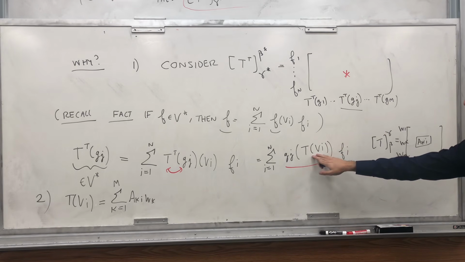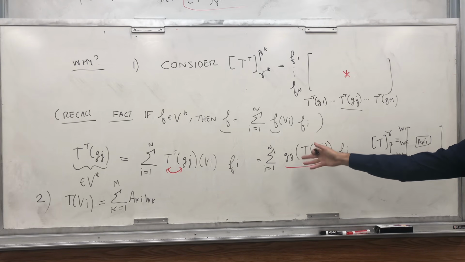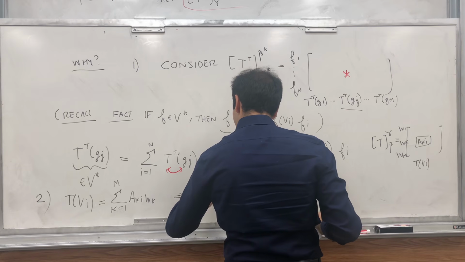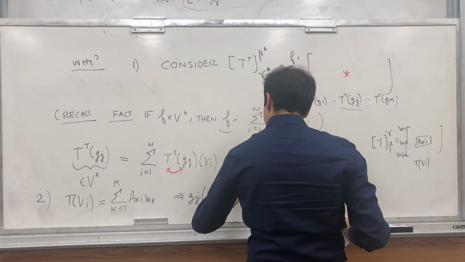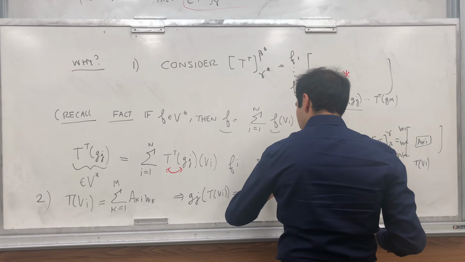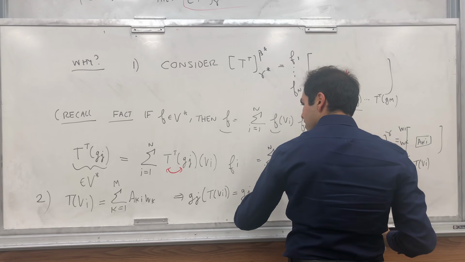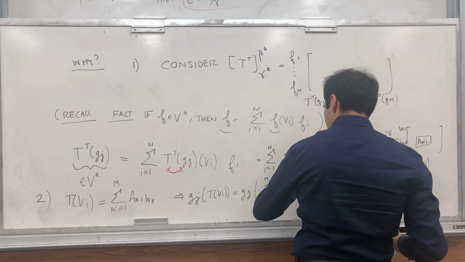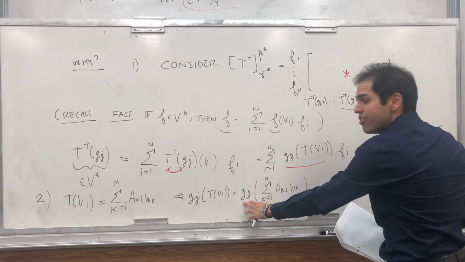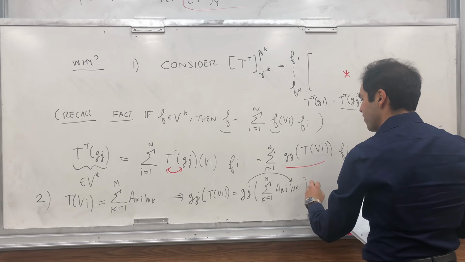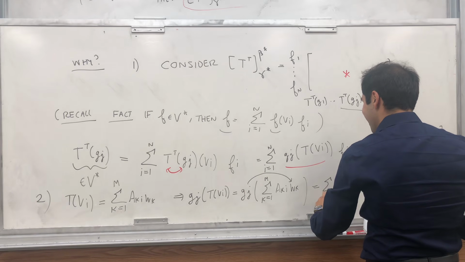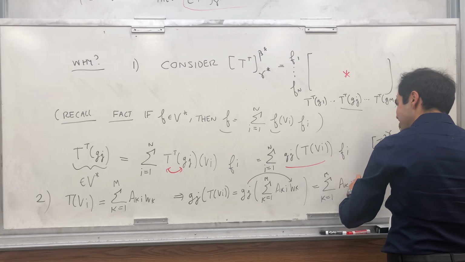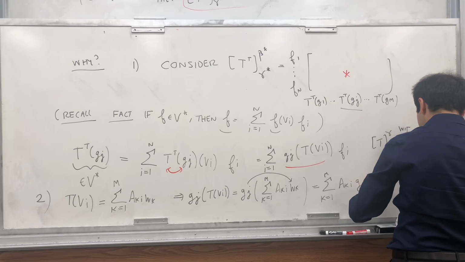And that's good. So we have T of Vi, and now we want to evaluate Gj of that. So Gj of T Vi is Gj of that sum, k from 1 to m, A_ki Wk. Now, the Gj's, they're linear, so we can just pull it inside of the sum. That's the beautiful thing about linearity. It's like this harmony that's going on. So the sum of A_ki Gj of Wk.